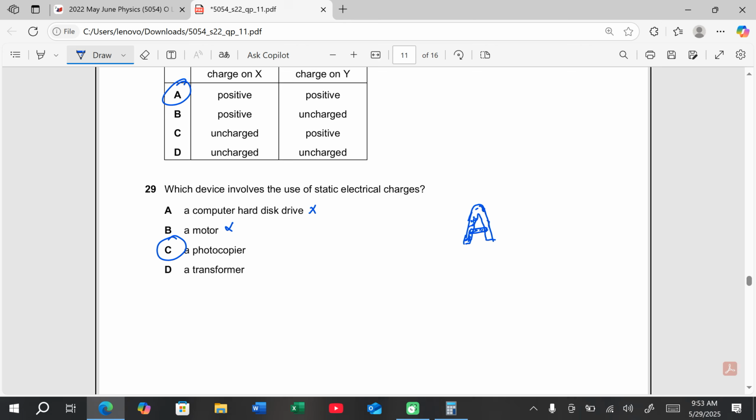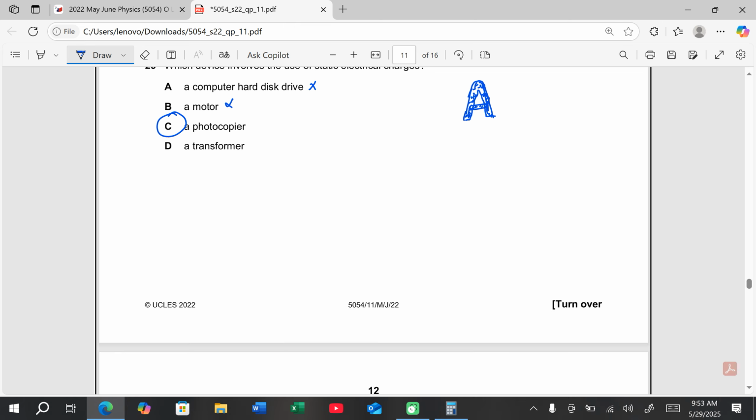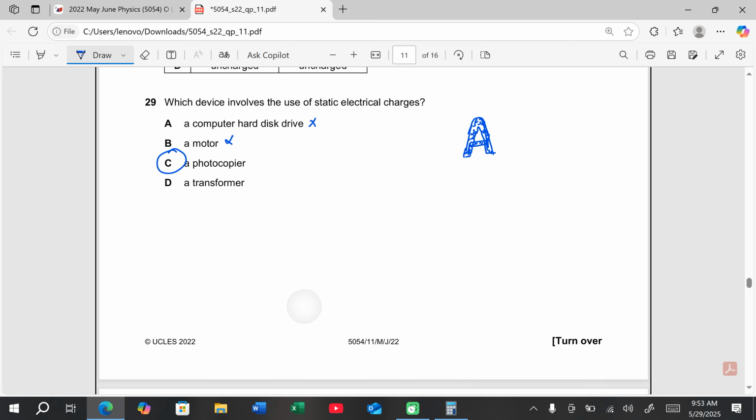The ink is thrown by the cartridge onto this paper. It sticks where the charge is, and the rest of the paper stays clean as it is. So you'll be getting A as a photocopy. So this uses static electricity.